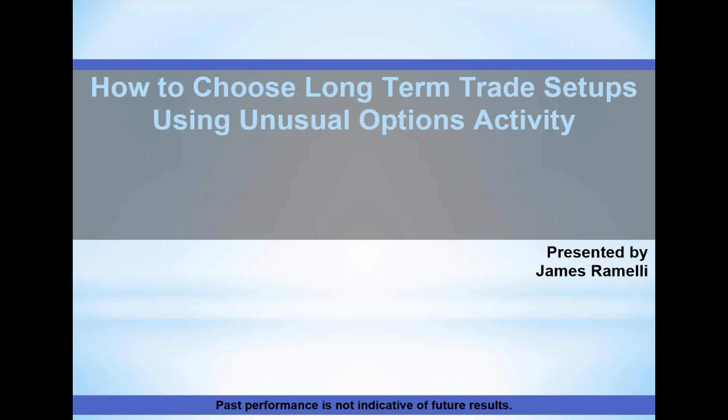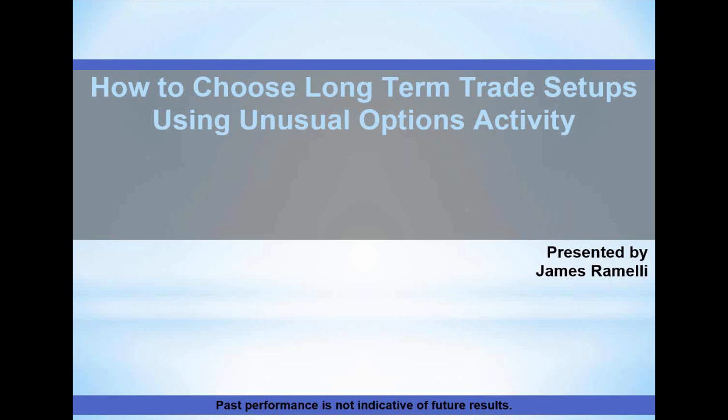So the way that we're going to go through this is pretty simple. We're going to start out with the philosophy behind the trading plan and the reason why I care about unusual options activity. Then we're going to take a look at what unusual options activity is and how I can identify institutional order flow in the equity options market.